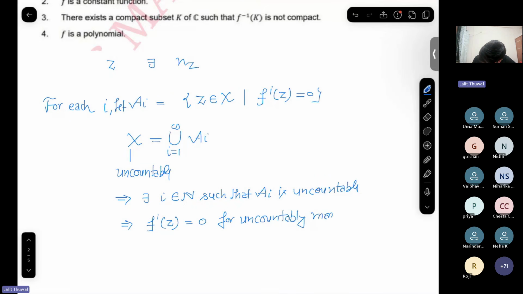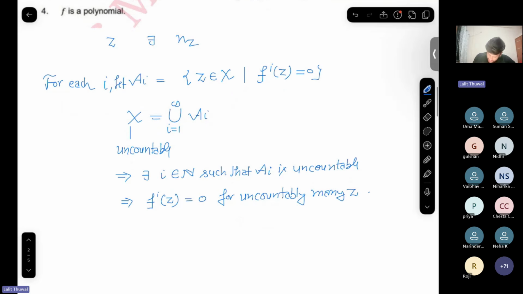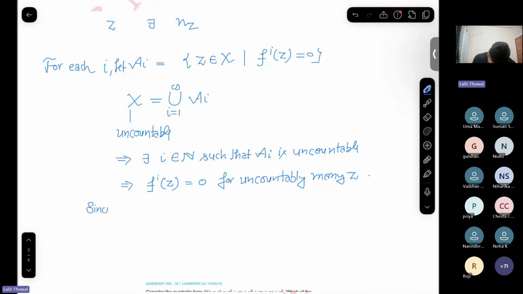Many Z, right? So since this is again an exercise for you, since each uncountable subset of C has a limit point in it.